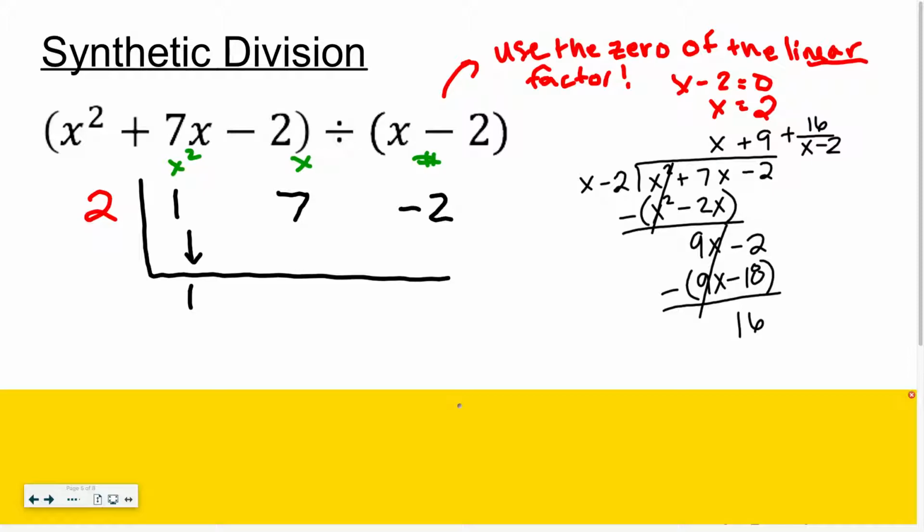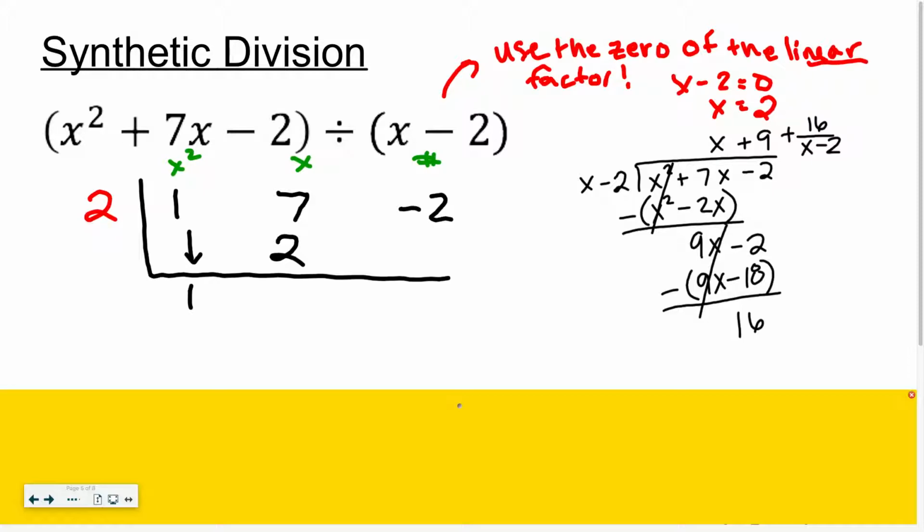It's outside of the box. Okay. Add down. Multiply. 1 times 2 is 2. That goes inside the box in the next column. Then add down.